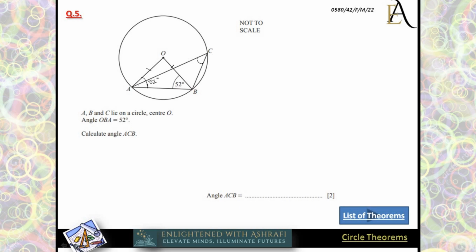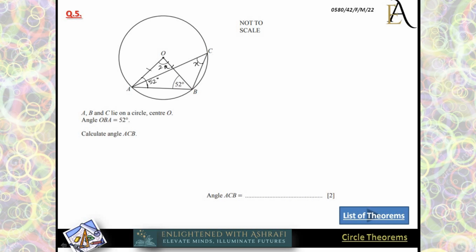Now if you observe that this angle and this angle, they share the same arc, right? But one angle is at the center and the other angle is on the circle, right? So when we have something like this, if this is x, this will become 2x, right?